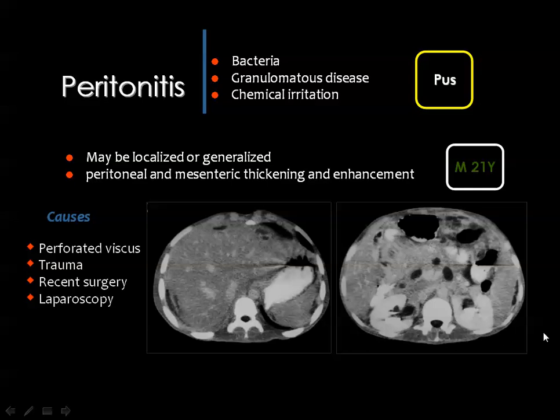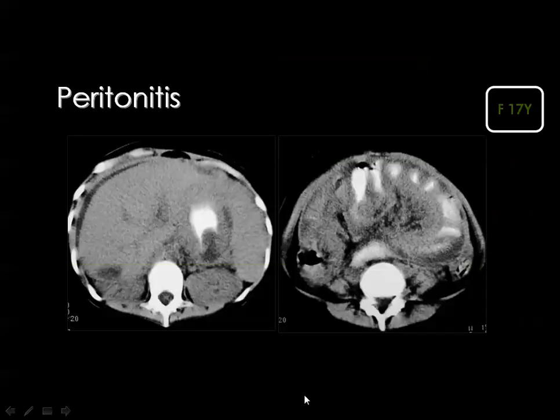Inflammation of the peritoneal cavity will appear in imaging as thickened, enhanced peritoneal reflections, and the collection of multiple abscesses or pus within the peritoneal cavity. The causes of peritonitis include perforated viscus, trauma, recent surgery, laparoscopy, and other causes.